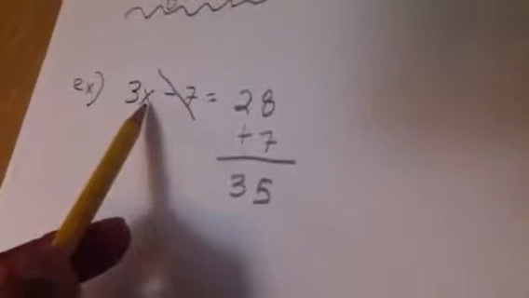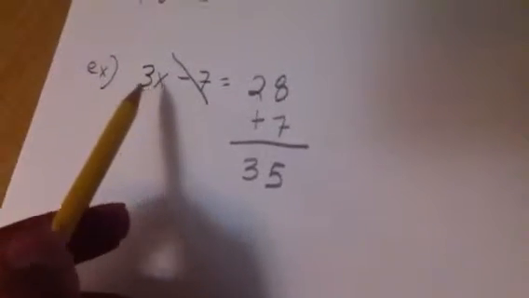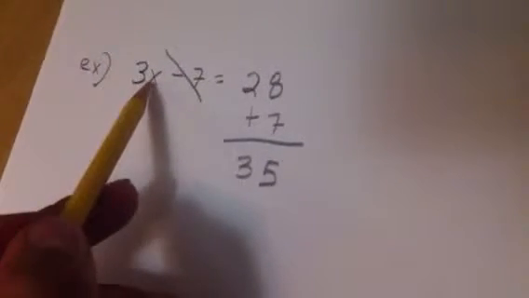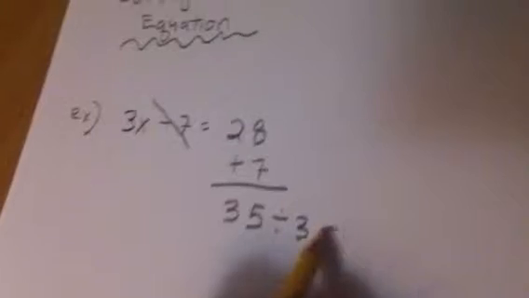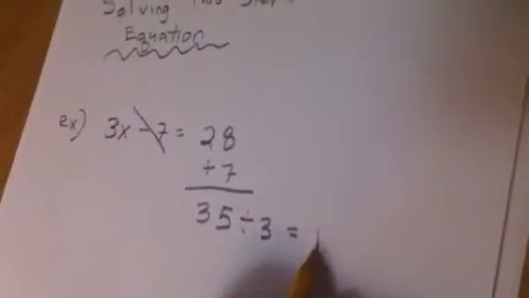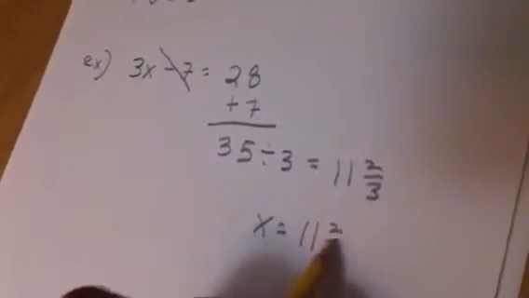And this one now, it says 3 times x. So therefore, for you to do it, you have to divide by 3, and then whatever answer you get, this is going to be 11 and 2/3. So therefore, x is equal to 11 and 2/3.